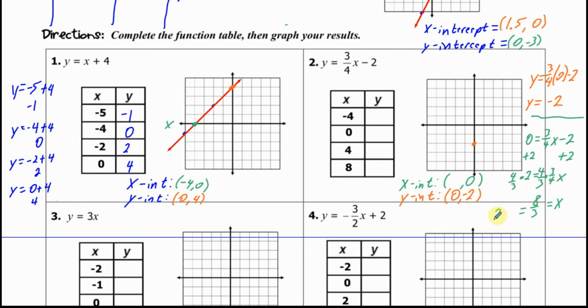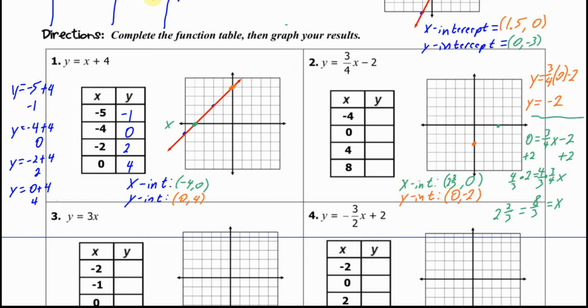But so if I have an idea where to graph that, I'm going to do 8 divided by 3 and put my remainder at the top. So 3 goes into 8 twice, 2 left over. My denominator is 3. It's going to remain 3. So my x-intercept is 2 and 2/3. So that's pretty close to 3. So my x-intercept on the x-axis, I'm going to go to 2 and 2/3, pretty close to 3. Plot my point.